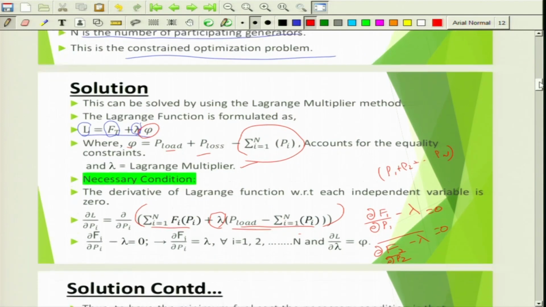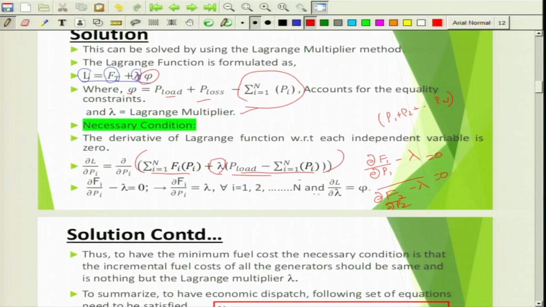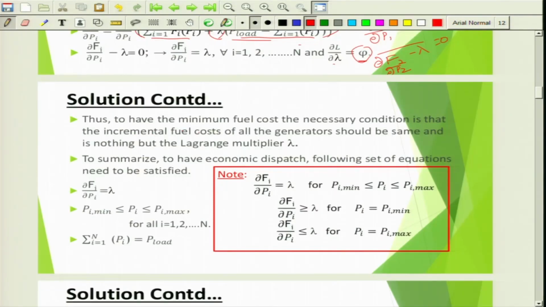And dou L by dou lambda is equal to 0. This is for the generators. Again you do the partial derivative of the Lagrangian function with respect to lambda, and that will come out to be the constraint function. Thus, to have the minimum fuel cost, the necessary condition is that the incremental fuel cost of all the generators should be the same and is nothing but the Lagrangian multiplier.